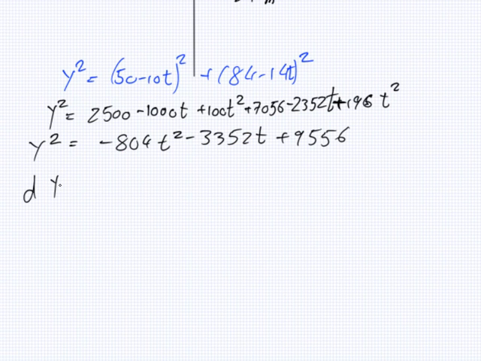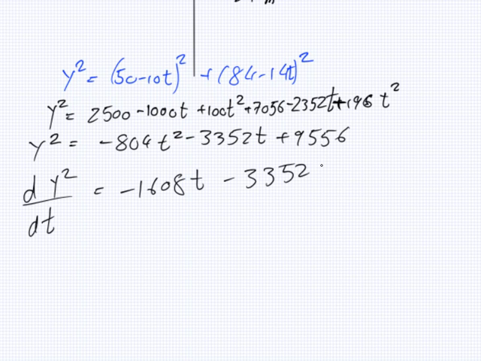So dy squared dt is minus 1608t minus 3352t. Is that right? No, minus 335... Oh yeah, sorry, minus 3352, no t there. Now I think I must have made a sign mistake somewhere, because I should have sworn this should be positive here.